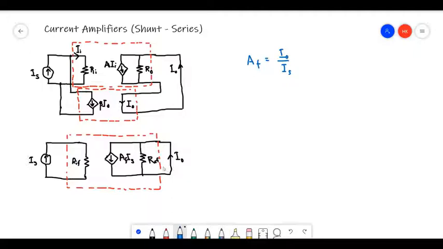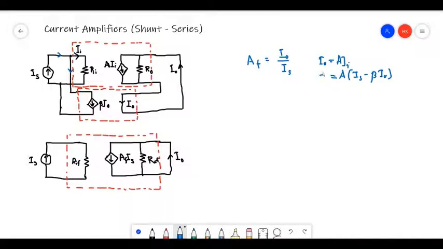Using this block diagram, you can see that I out is equal to A times I. I'm going to write I out as A times I. And I is actually, if we consider the current coming here is IS, and beta I out goes through this one, so I is IS minus beta I out.